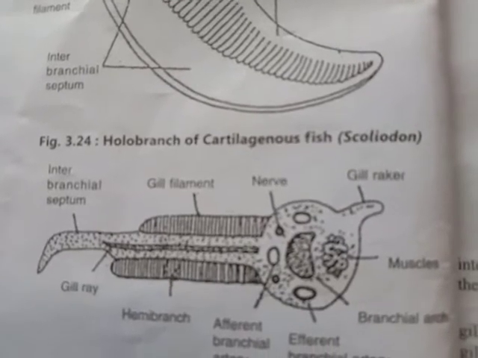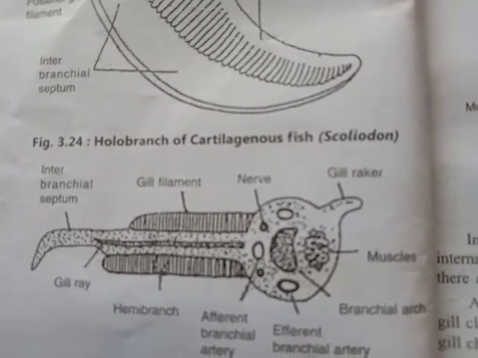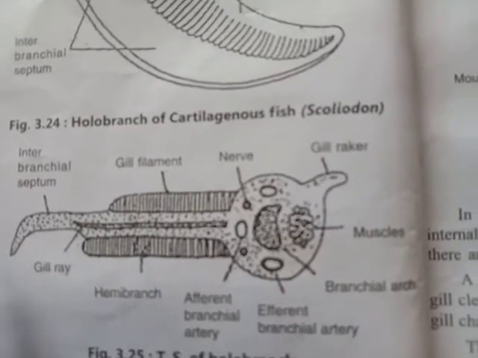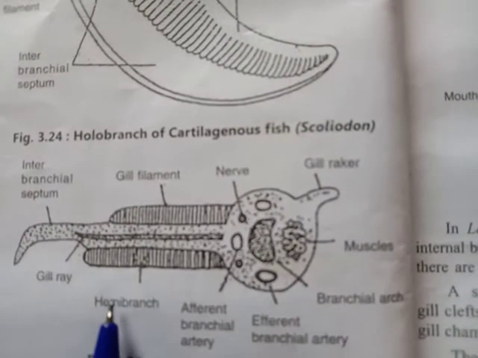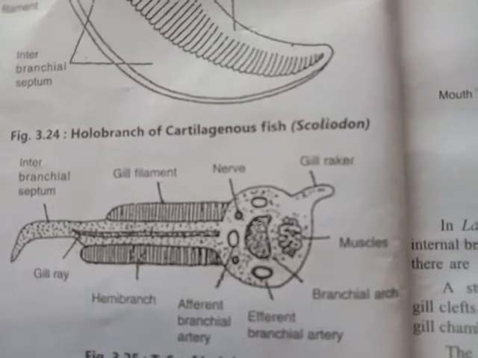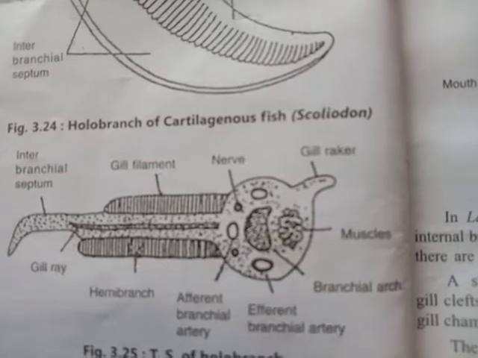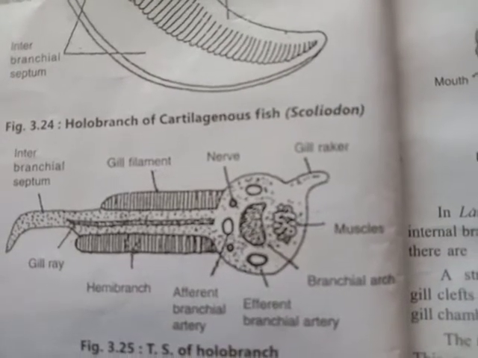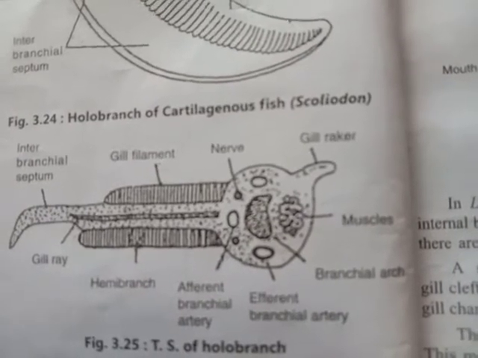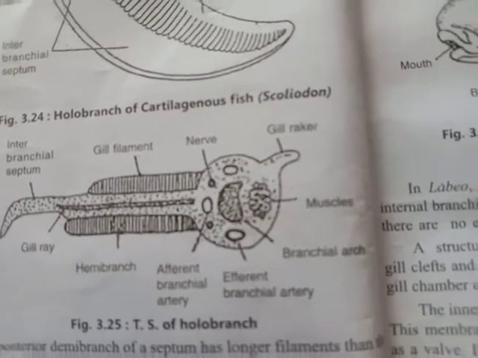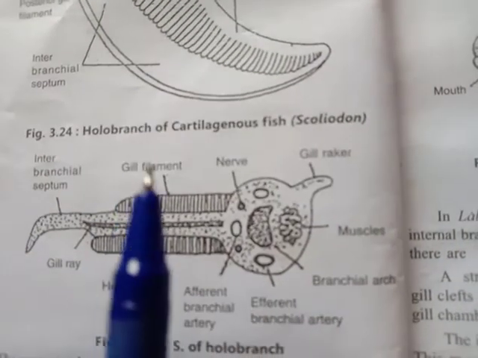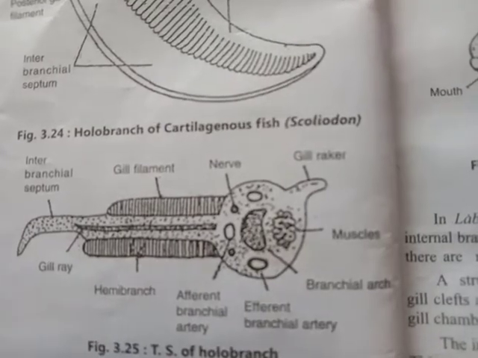Each set is called a half gill or hemibranch, also called a demibranch. Both the sets with the gill arch and interbranchial septum form a complete gill or holobranch.